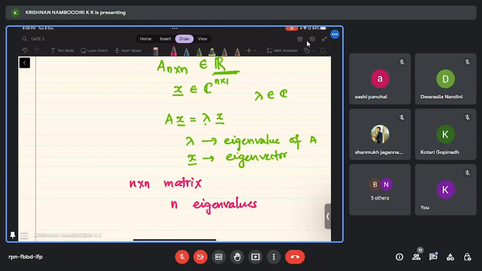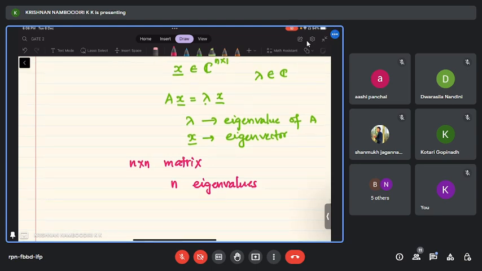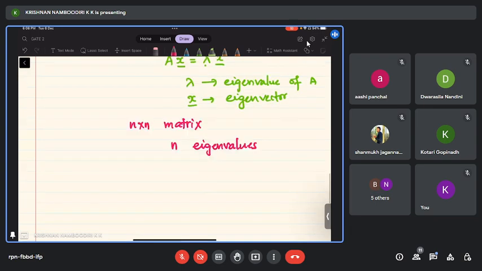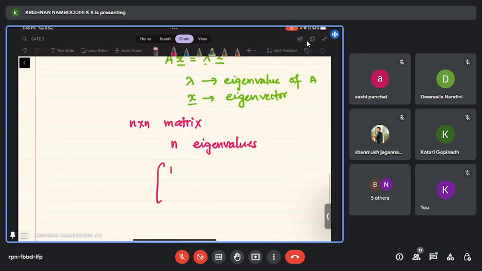Now, among these n eigenvalues, some can be the same. That means, for example, I will take a matrix. This will imply another important property. Say this is the matrix that we are looking for: 1, 0, 0, 0, 2, 0, 0, 0, 3.